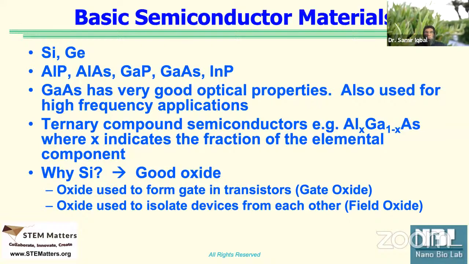Or we can use it to just cover the whole chip to electrically isolate all the different components from each other. So that became a reason why we use silicon in semiconductor devices. Otherwise, there were choices of other oxides. Germanium used to be the material before silicon became more convenient to work with.